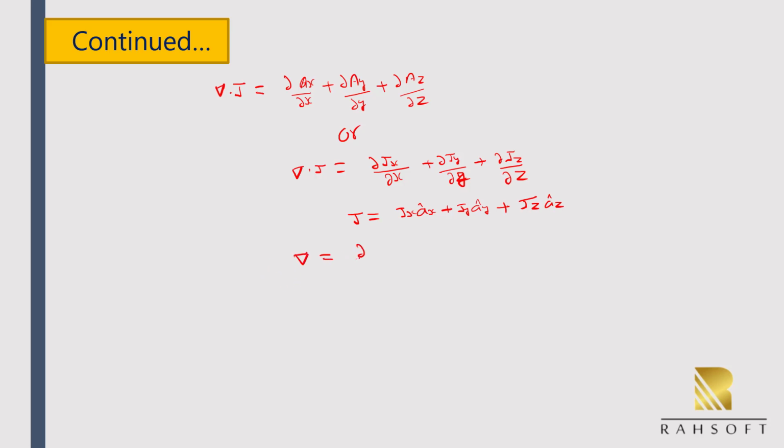It is del over del x unit vector ax plus del over del y unit vector ay plus del over del z unit vector az. So Jx is the magnitude of the x component of J, and J is a three-dimensional vector field, and Jx is a three-dimensional scalar field. So Jx may vary from point to point and is a function of x, y, z.